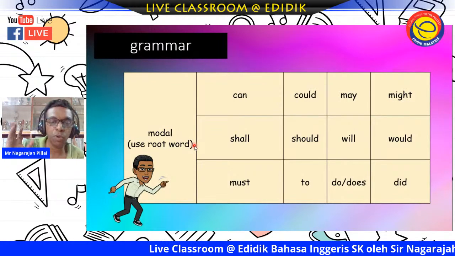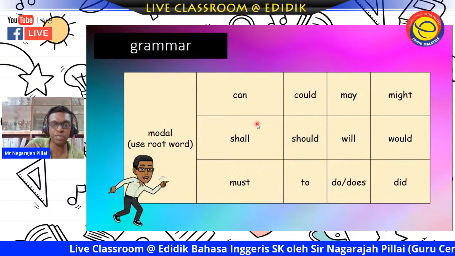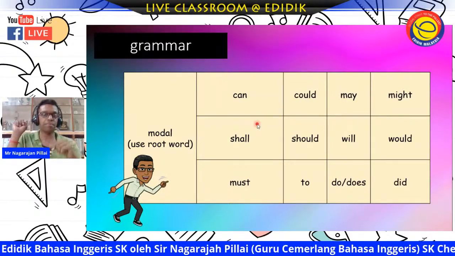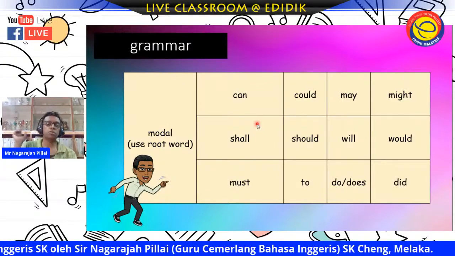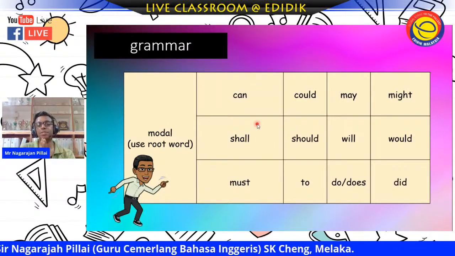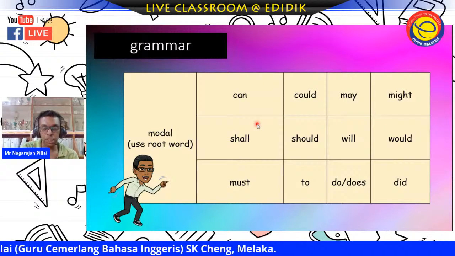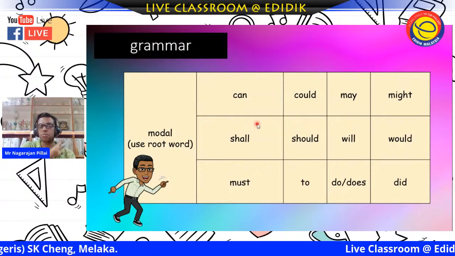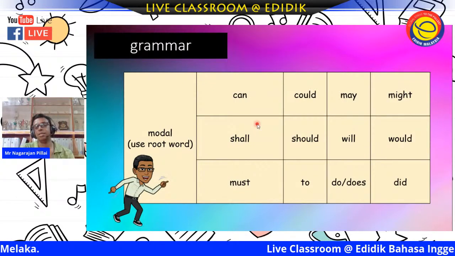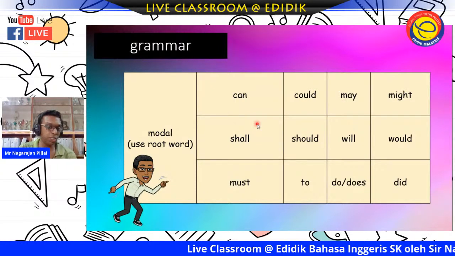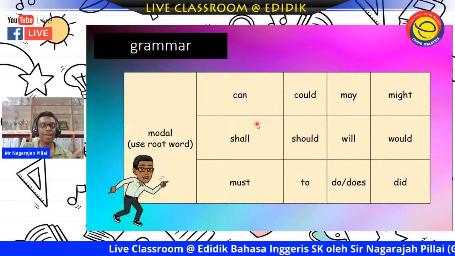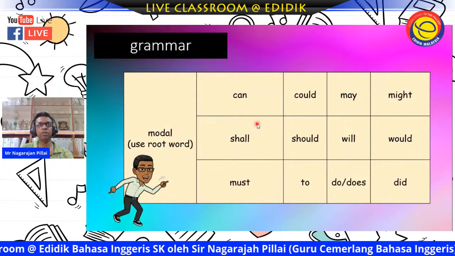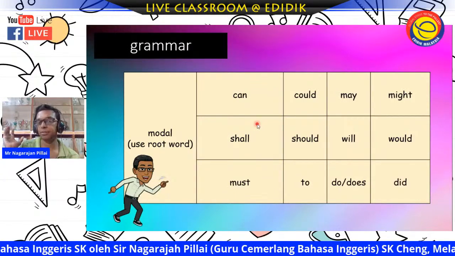Whenever you use modals, look at all these words: can, could, may, might, shall, should, will, would, must, to, do, does, did. Whenever you use these modals, remember, you must use the root word. That means no past tense, no ing, and no s. Don't say Ali can sings.